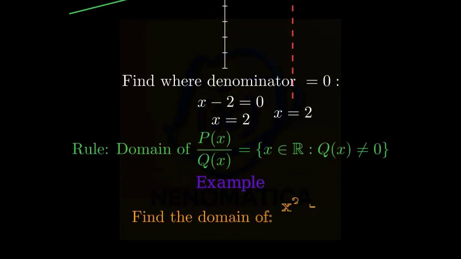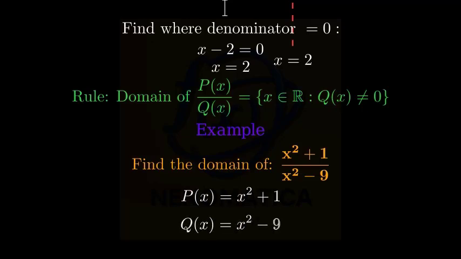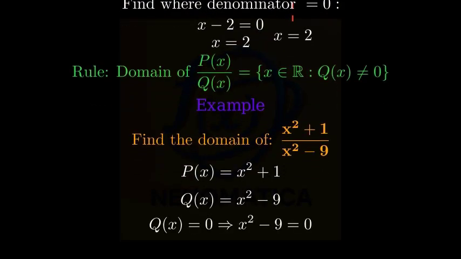Find the domain of the rational expression x squared plus 1, divided by x squared minus 9. First, we recognize this is a rational expression with the numerator p(x) equals x squared plus 1, and the denominator q(x) equals x squared minus 9. To find the domain, we need to find where the denominator equals 0.